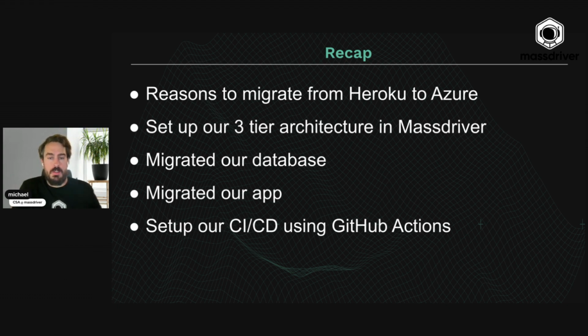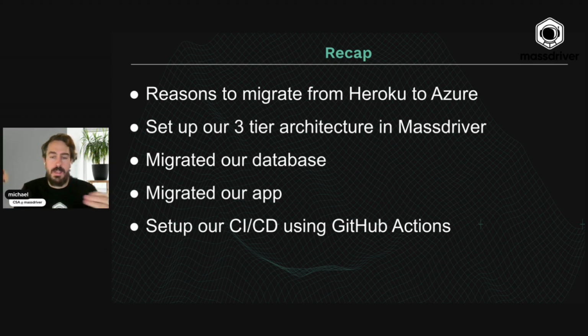We just discussed the migration, why you might want to migrate from Heroku into Azure or into the cloud in general. And then we went through the process of effortlessly deploying a 3-tier web architecture into Azure using Massdriver. We migrated our database, we migrated our application, and instead of running on Heroku, we're now running on Azure Kubernetes.